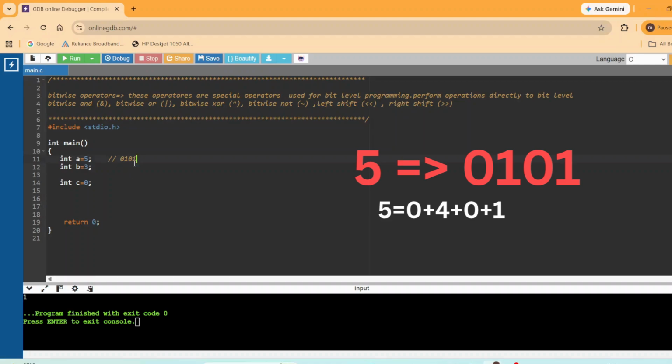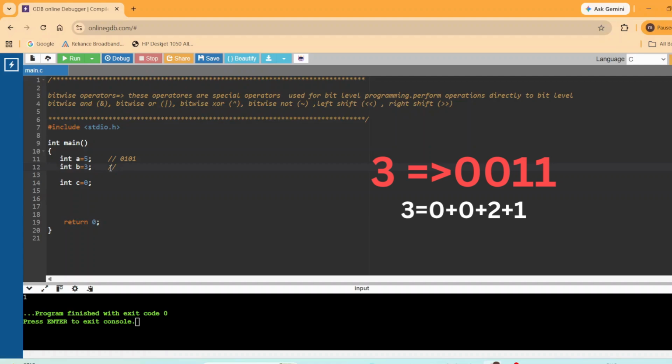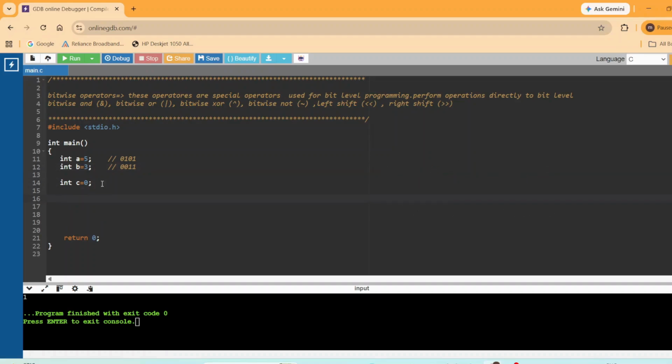So this is the binary representation of 5. So what is the binary representation of 3? That is 0, 0, 1, 1.